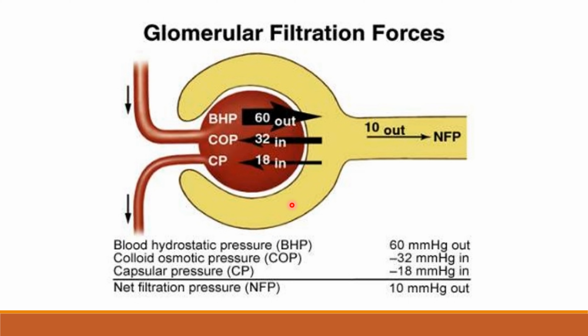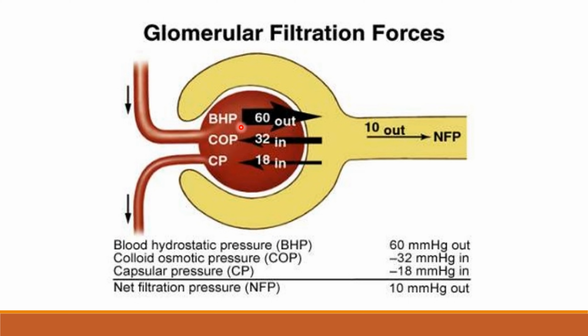The next pressure which is present in the Bowman capsule is the oncotic pressure, and it is not mentioned in this picture because there is no albumin in the filtrate, and because there is no albumin in the filtrate, the oncotic pressure of the filtrate is 0. So this equation does not show you the oncotic pressure in the Bowman capsule.